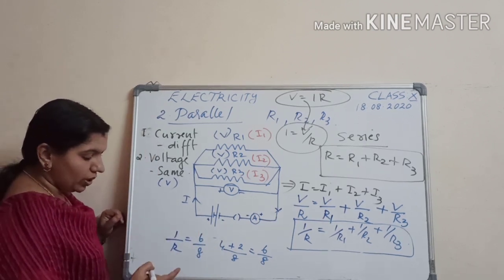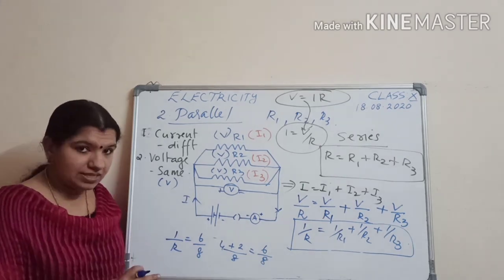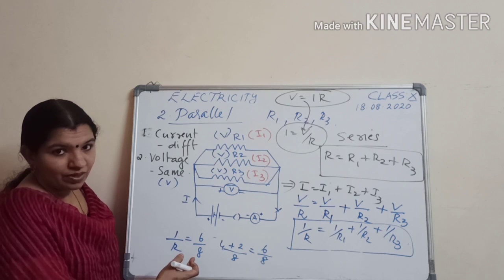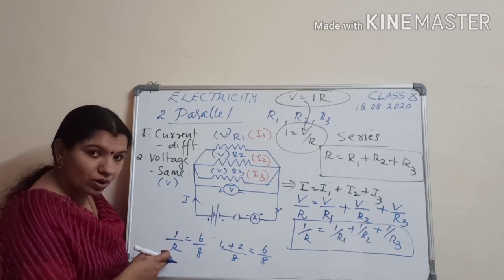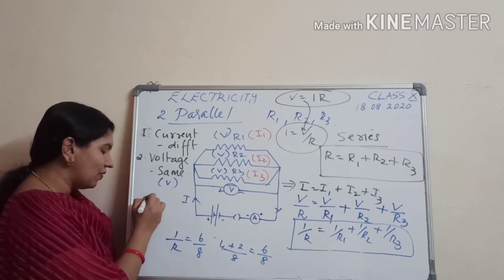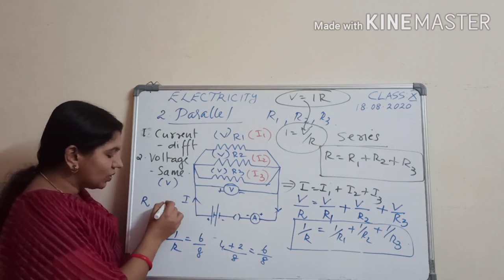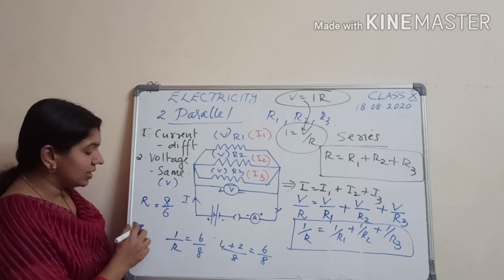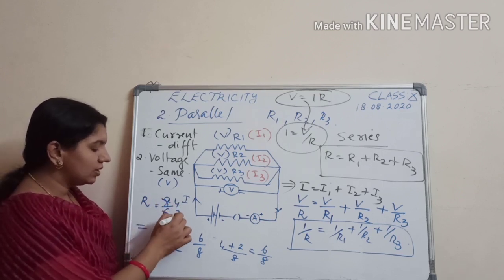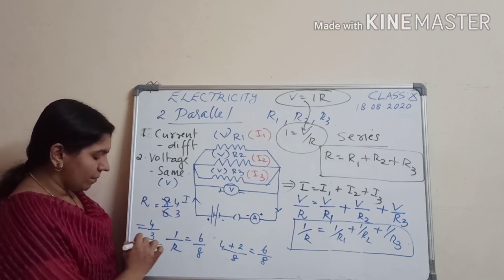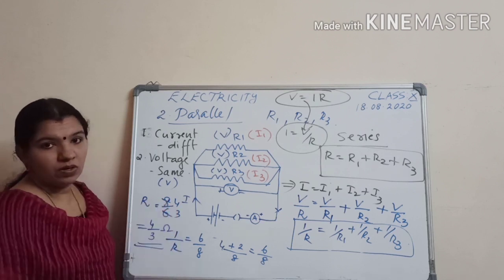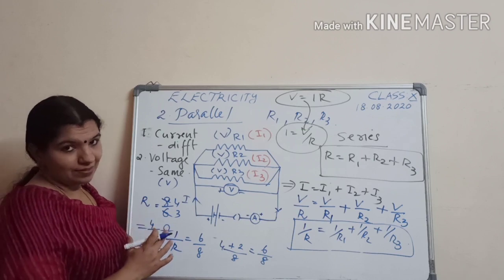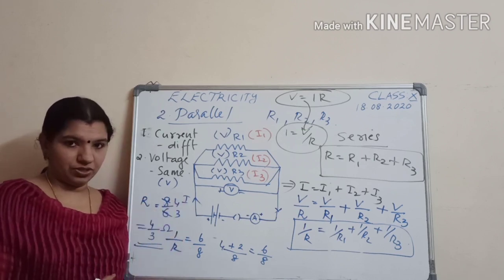Students always make the mistake of not taking the reciprocal again. Only by taking the reciprocal do you get the actual value of R. So, R is equal to 8 by 6, that is 4 by 3. Clear? So this is how we find the effective resistance for a parallel combination.